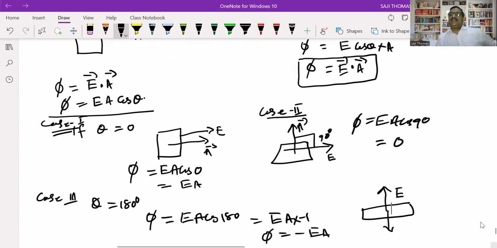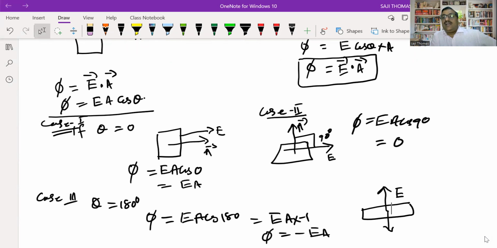So this is about electric flux. What is electric flux, dear children? It is the total number of electric lines of force passing normally through a given surface. What is the formula for electric flux? E into A into cos theta.